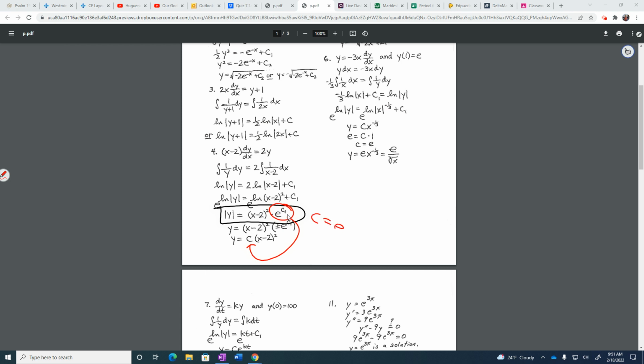And then c is essentially e to the c1. But either form should be fine. Should have probably stated that somewhere.